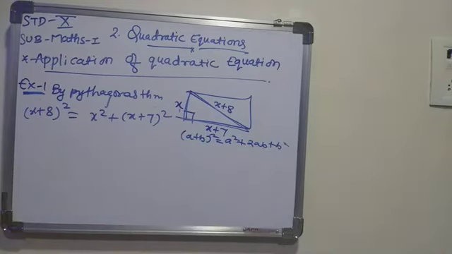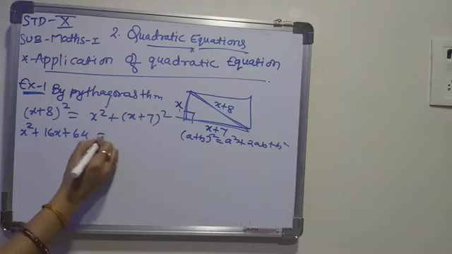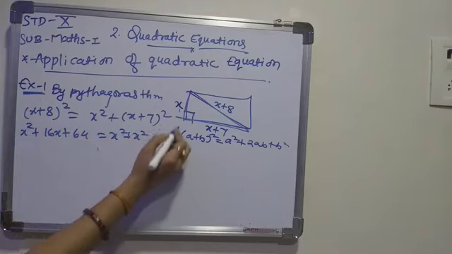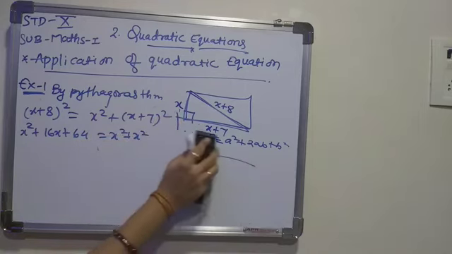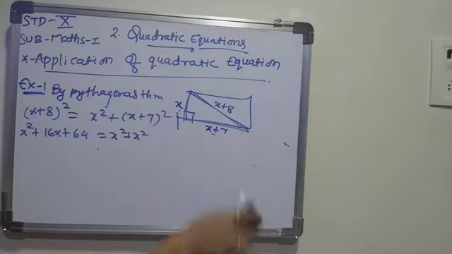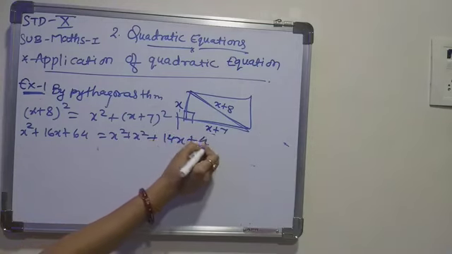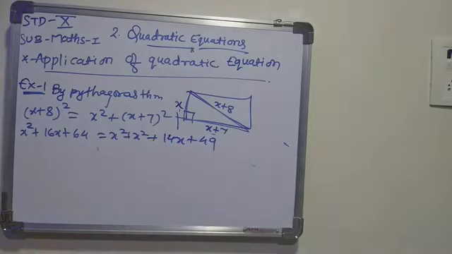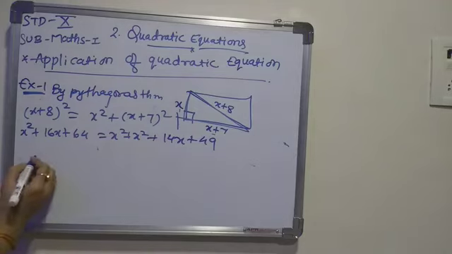So you will get x square plus 16x plus 64 is equal to x square plus x square plus 14x plus 49. Shift everything here.